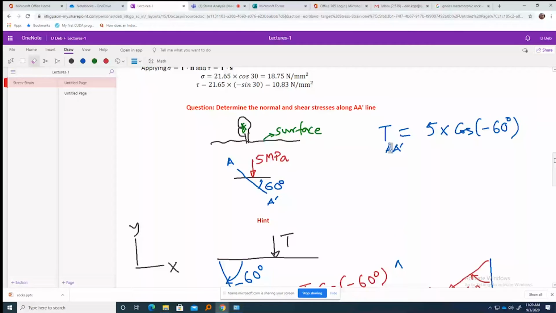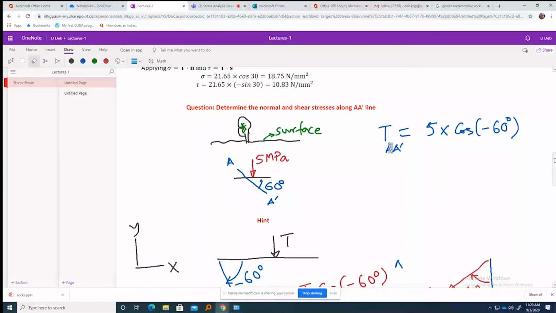Positive angle is when the axis is rotating counterclockwise, and negative angle we take when the axis is rotating clockwise. Okay. So this one will become your traction.